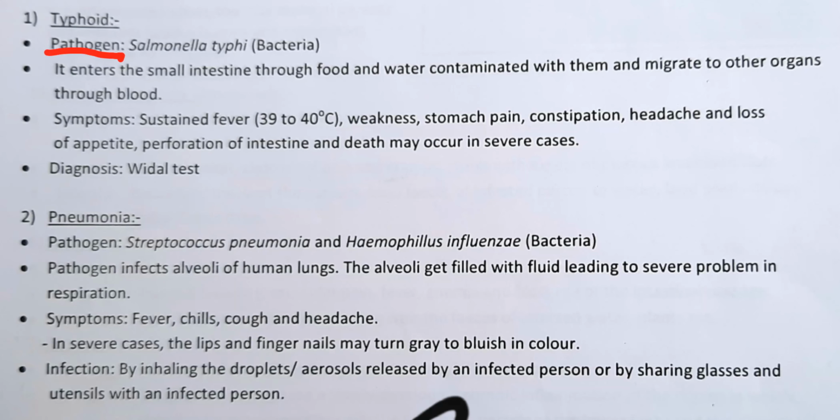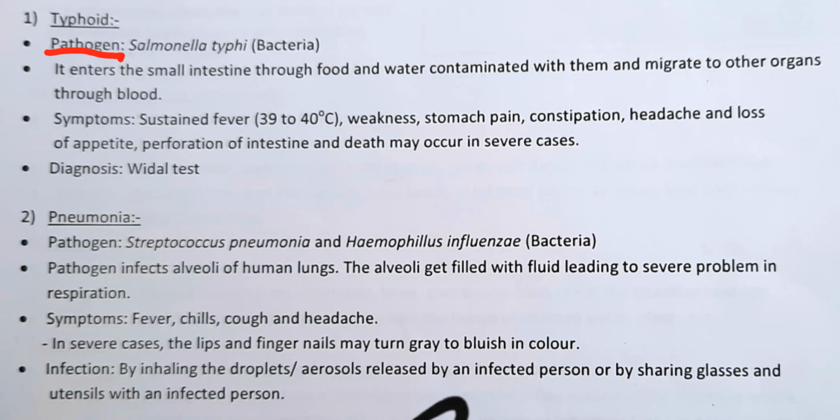It enters the small intestine through food, so consumption of contaminated water and food can be responsible for the cause of this typhoid. It spreads through contaminated food and water. That's why edible things and potable water should not be kept in the open. Otherwise, the salmonella transmitted by house flies can cause typhoid in the individual.